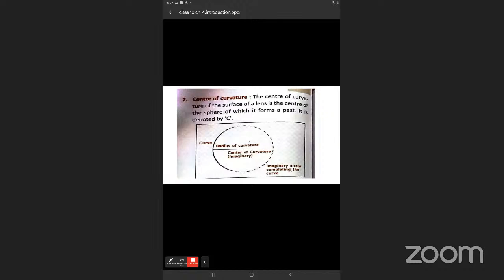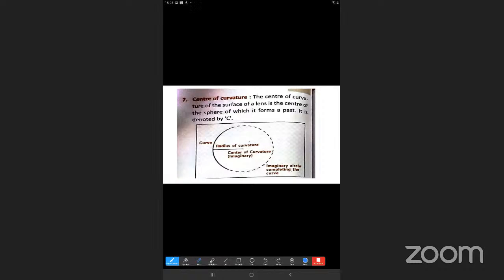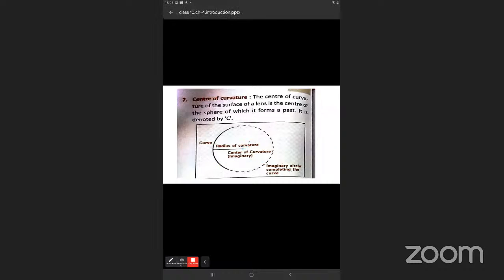And next, center of curvature. The center of curvature of the surface of a lens is the center of the sphere of which it forms a part. It is denoted by C. Here, this is the center of curvature. This is also imaginary.